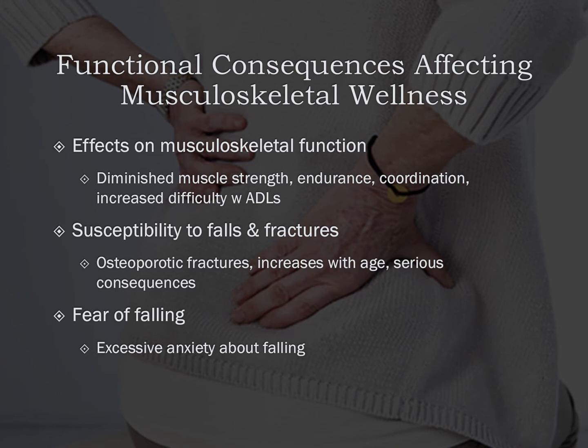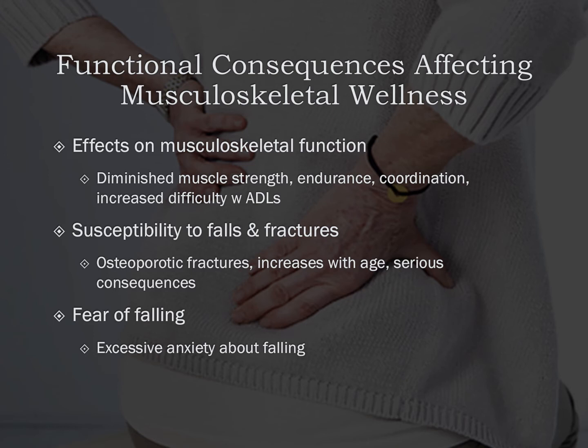Joint function begins declining in early adulthood, which we kind of touched on in our osteoarthritis slide. And there are changes we may not see physically until old age, such as limited range of motion in our upper arms and decreased flexibility in the back, hips, and knees. Falls hit different in older individuals, right? Fragility fractures occur from something as benign as falling from a standing level.